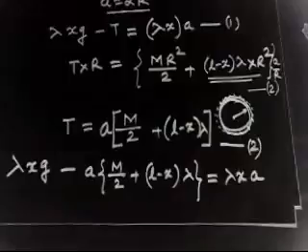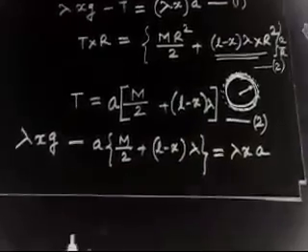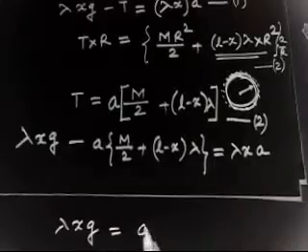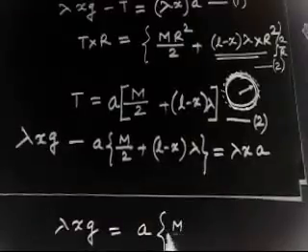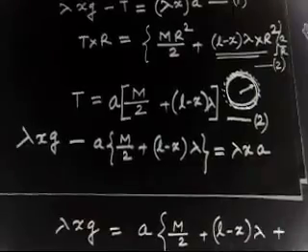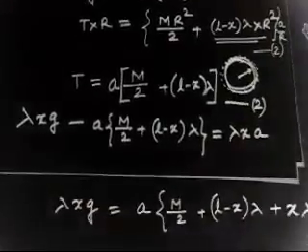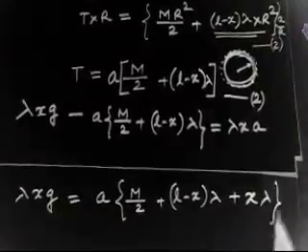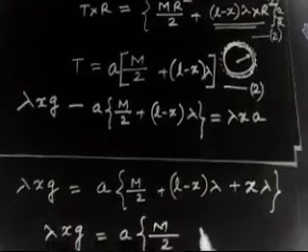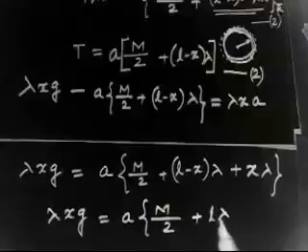Let us say lambda x g is equal to, taking a common, a times (m by 2 plus (L minus x) lambda plus x lambda). Are you getting? Now x lambda goes out, so we have lambda x g equal to a times (m by 2 plus simply L lambda).